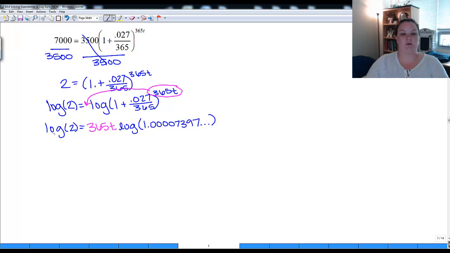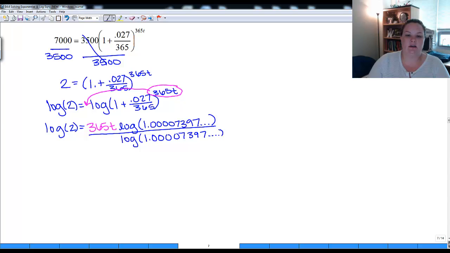Okay. So again, I'm still trying to get this t by itself. So what I'm going to do is I'm going to slowly get t by itself by first dividing off this nasty log that I no longer need. So I'm going to divide by log of 1.00007397... And if I divide by that on this side, I have to divide by it on this side. Log of 1.000073... Okay.